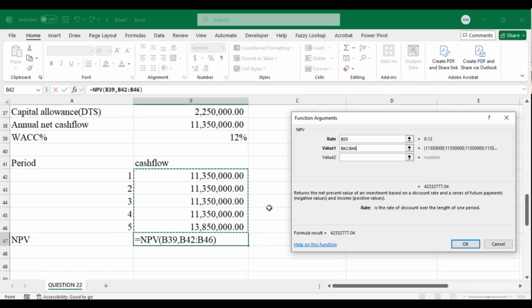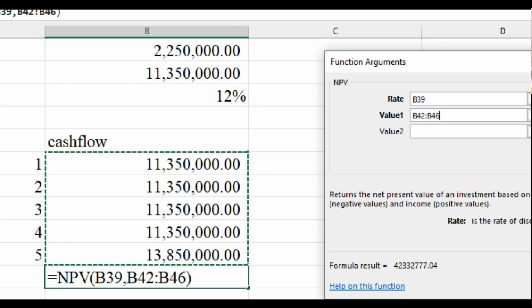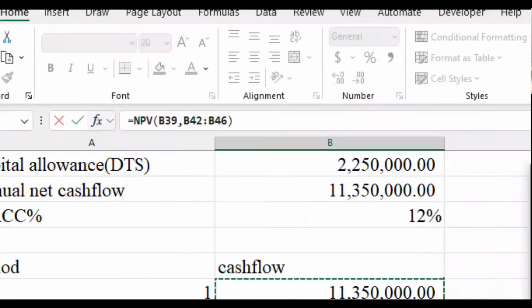So there are two ways you can do that. The first possible way is that after referencing the range of values, I can go to my formula bar, just above. Let me just show that. I can go to the formula bar.